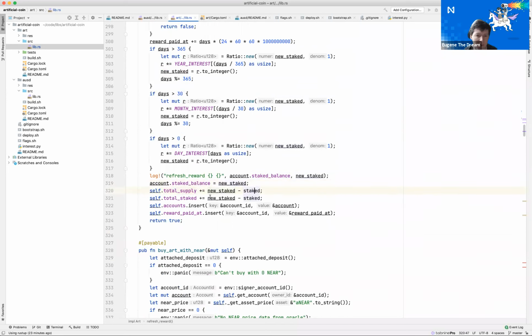Increase total supply by the difference, increase total stake by the difference, and we save the account.